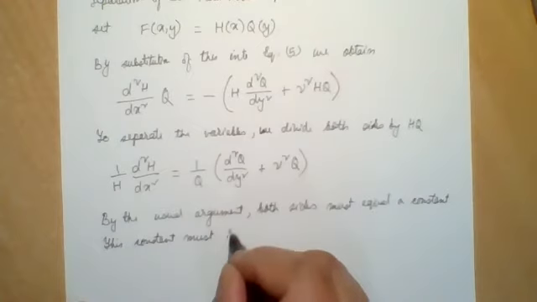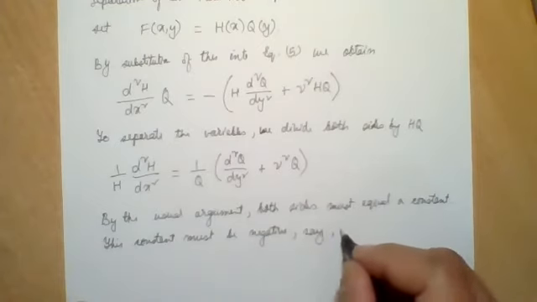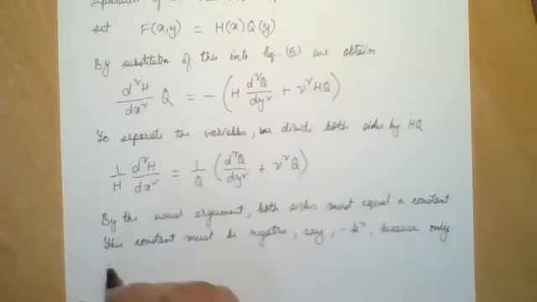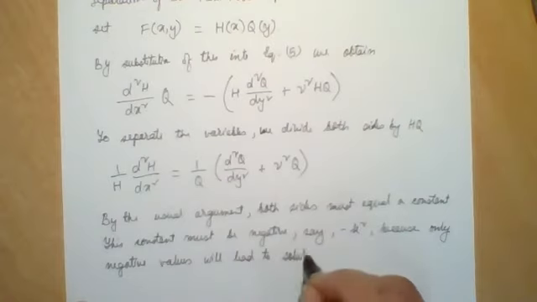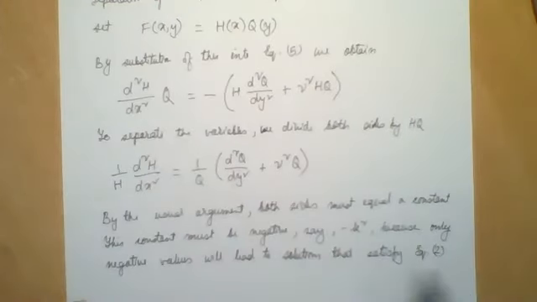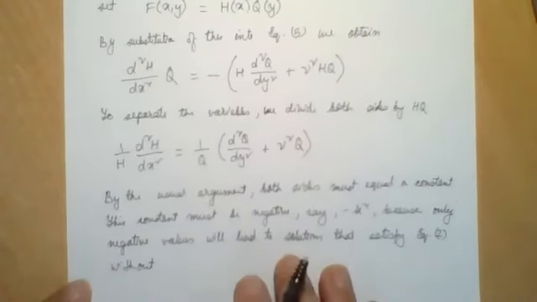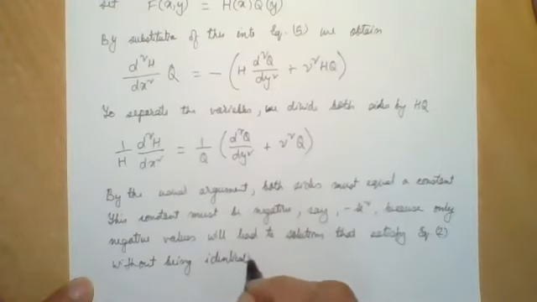This constant must be negative, and let us call it, say, minus k square.